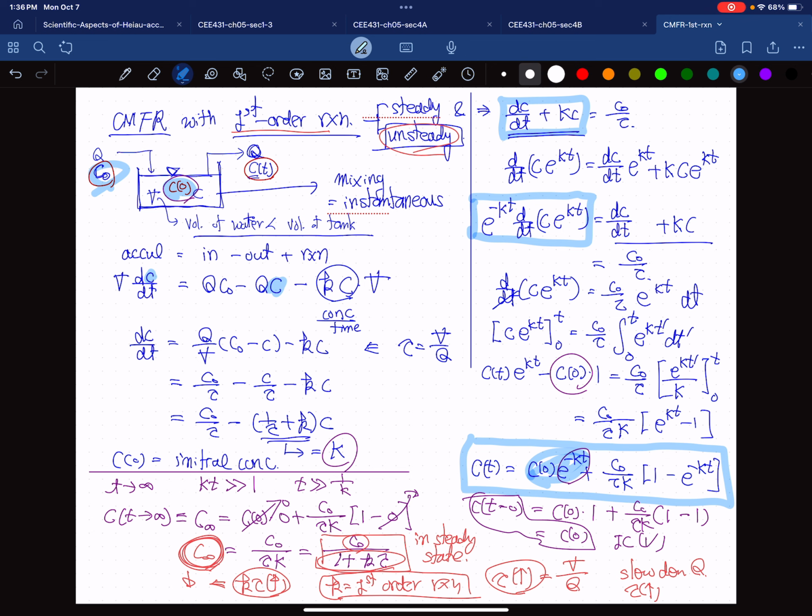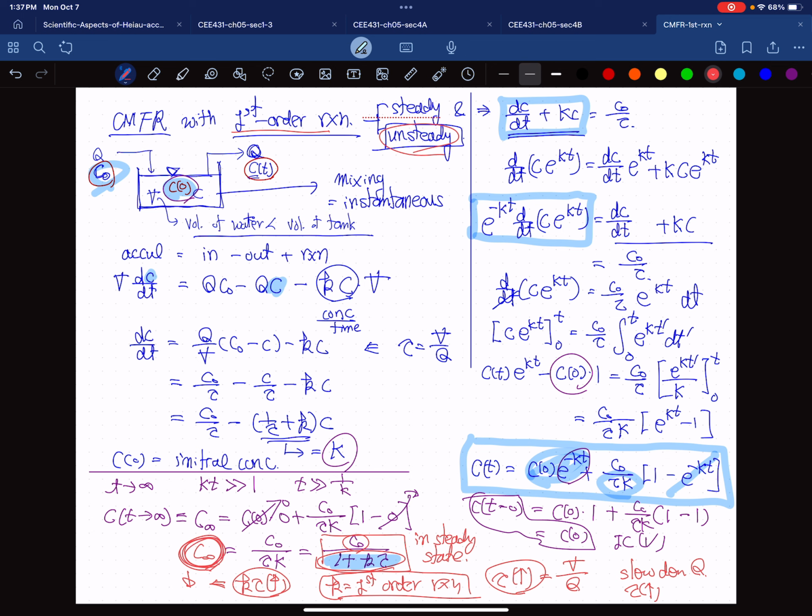And then in steady state, this term disappears, and k times tau times C0, that is 1 plus k tau. And if we could ever control the product of reaction constant k and hydraulic retention time tau, that is the way you could control this one.